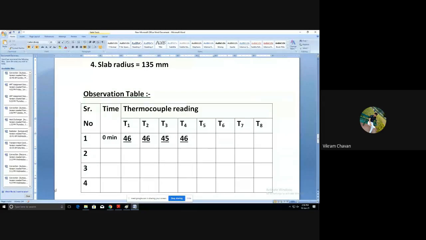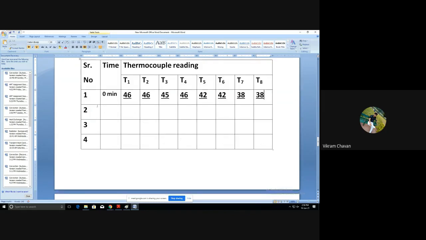T5 42. T6 42. T7 38. T8 also 38. Okay, then after 5 minutes, the 5 minute reading.